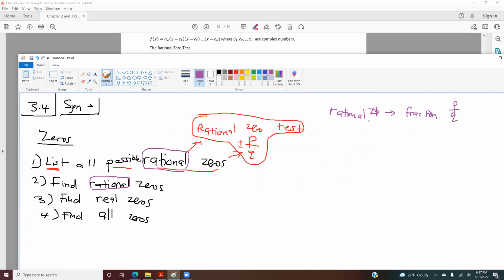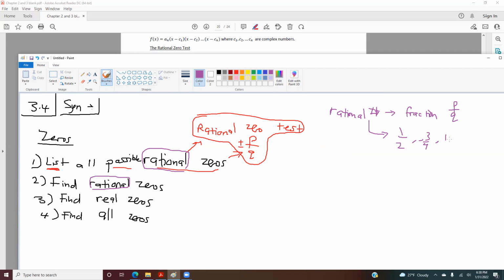Can someone tell me a number that can be written as a fraction? Like the fraction 1/2, right? Negative 3/4. These are all considered rational numbers.